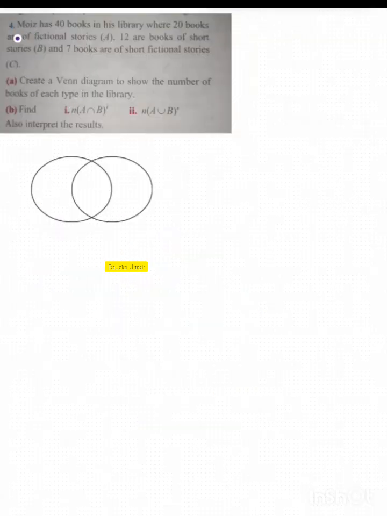Question number 4 is: Moise has 40 books in his library where 20 books are of fictional stories, 12 are books of short stories and 7 are of short fictional stories. So create a Venn diagram to show the number of books of each type in the library.